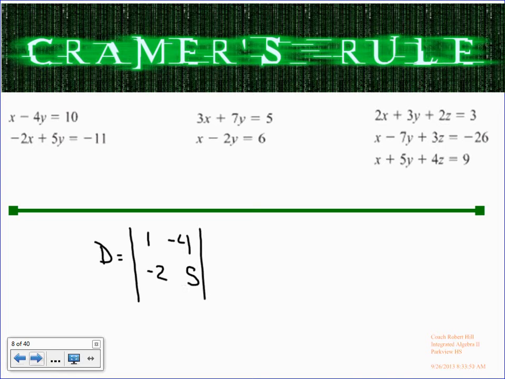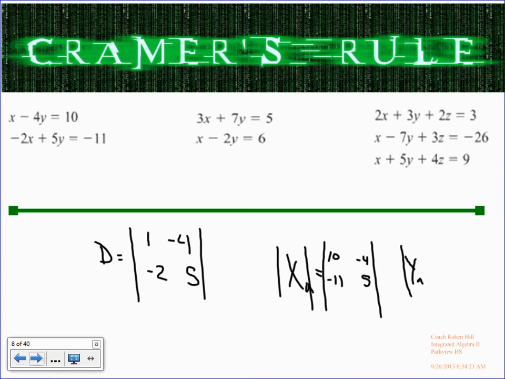Remember, when we call out matrices, we always call out row by column. Then I've got x sub n. I started doing that yesterday just because it's the x numerator. So x sub n is the x numerator. So I take 10 and -11. I put it in the x column, and what goes in the y column? Yeah, -4 and 5.